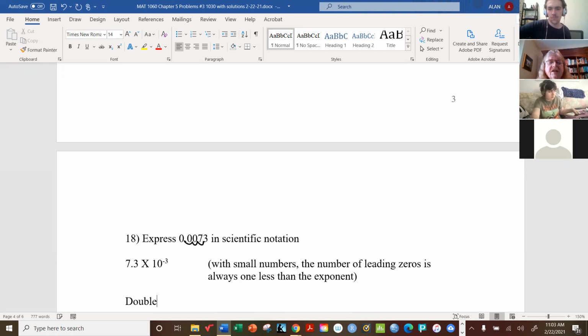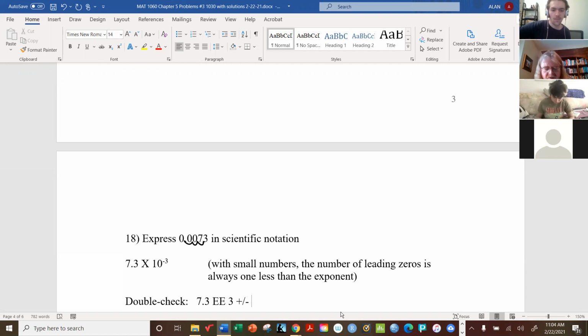Now, of course, we can double check. Type in 7.3 EE. Now we have to watch this one. With this calculator, negatives are expressed in the following way. You don't use the minus sign or subtraction sign. You've got this special plus and minus key, which is directly above the 8, and make sure that comes last.